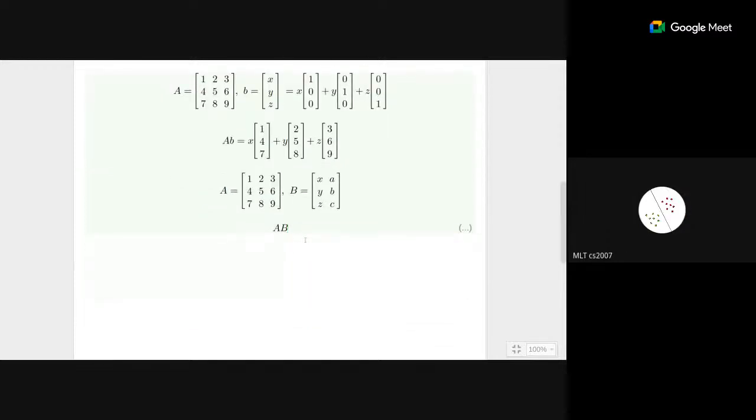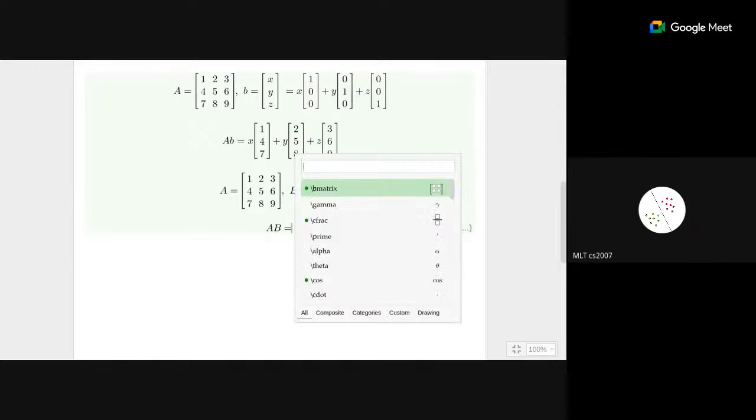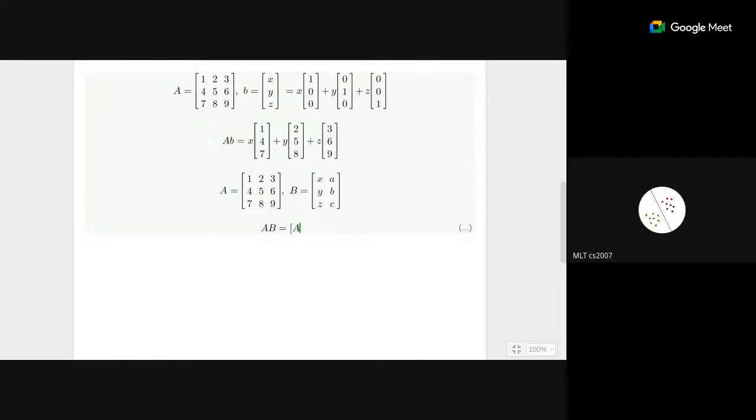What is AB? You know how to do it for one vector. Now, if I put one more column here, what is AB going to be? Do you all agree that it's going to be A into the first column, let's call it C1 for column 1, and A into the second column?